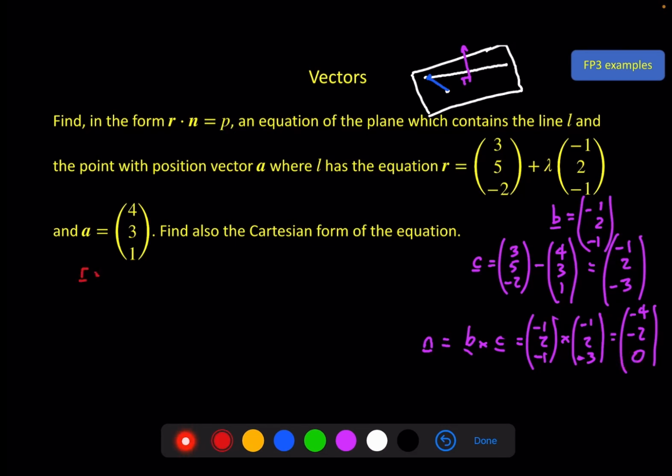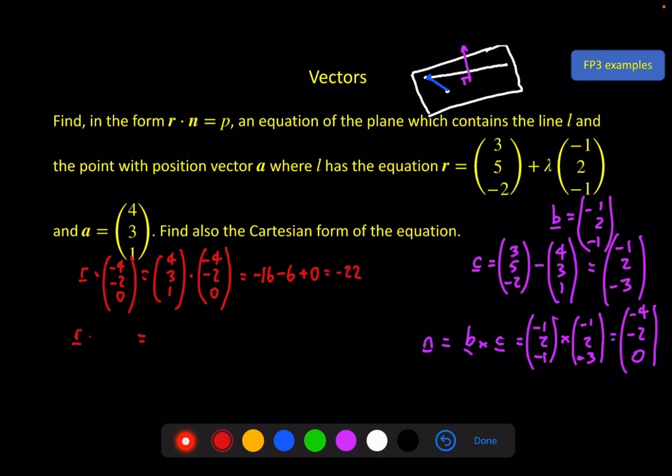R dot N is equal to A dot N. We can do that dot product. That gives us -16 minus 6 plus 0.